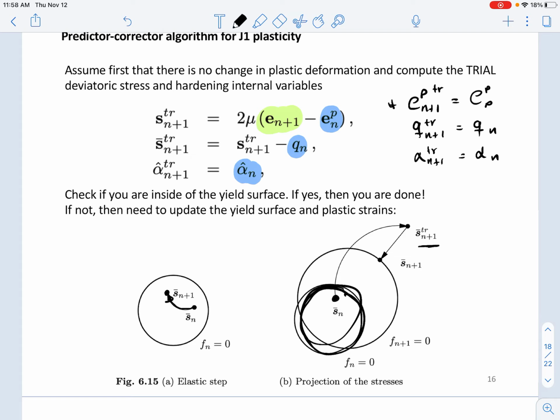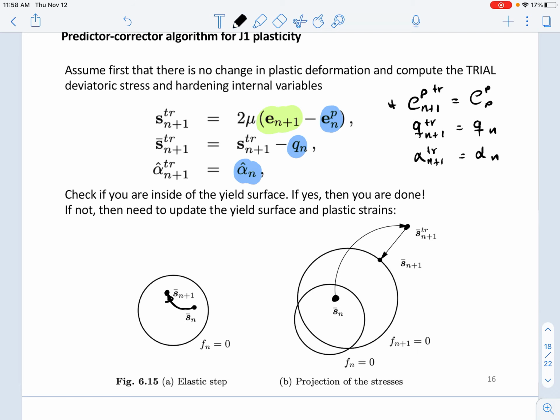Based on that green one, and keeping the plastic variables fixed, you evaluate your trial stress, and I'm outside of this yield surface. So then you need to update the yield surface. So that's why here you have the new yield surface. You need your new yield surface, and you need your stress, which should be on that surface.